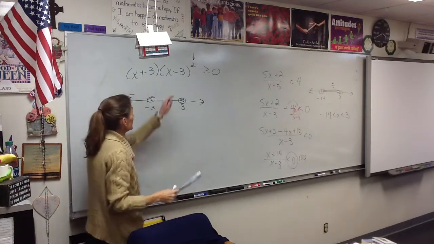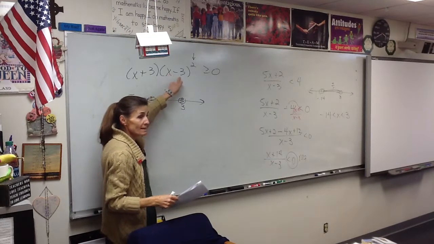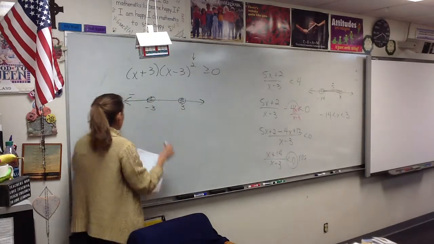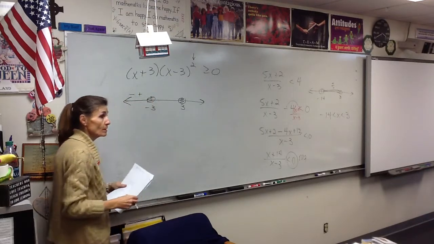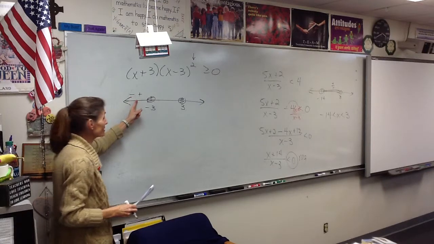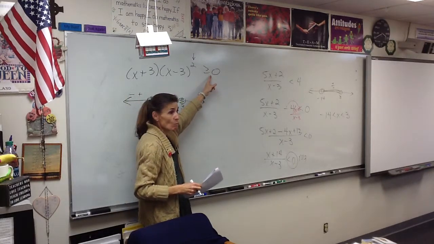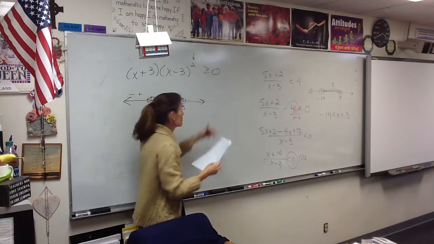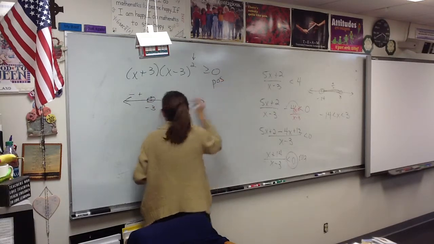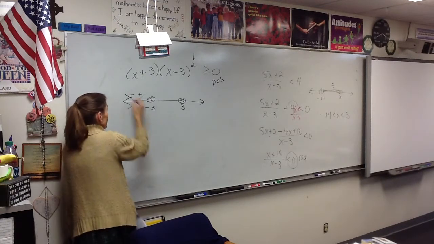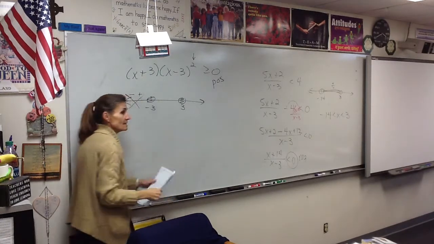Be careful. -4 would make this negative, but it's being squared, so it's going to be positive. When I multiply a negative times a positive, do I get what I wanted? What's this? That's positive. Does a negative times a positive give you a positive? No, doesn't work.